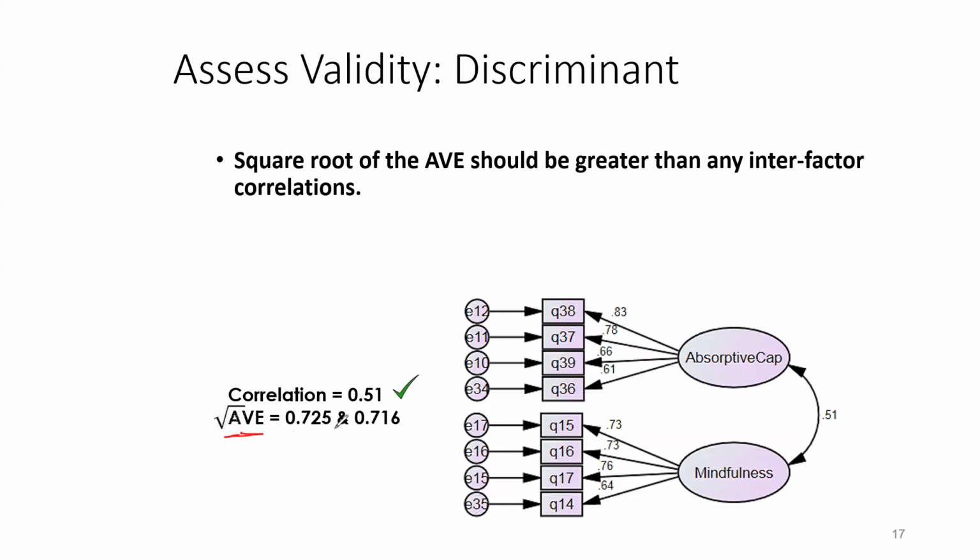Then you compare it with the interfactor correlation. The rule is, if the square root of the AVE is greater than the interfactor correlation, then we establish discriminant validity. In other words, if the interfactor correlation is less than the square root of the AVE, we can establish discriminant validity. While I run it, you'll get a better idea and clarity about that.